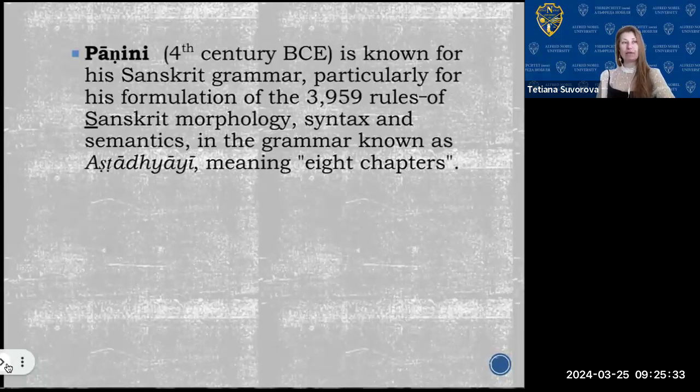So the first effort to do that was somewhere there, when Panini's grammar covers already morphology, syntax, and semantics.